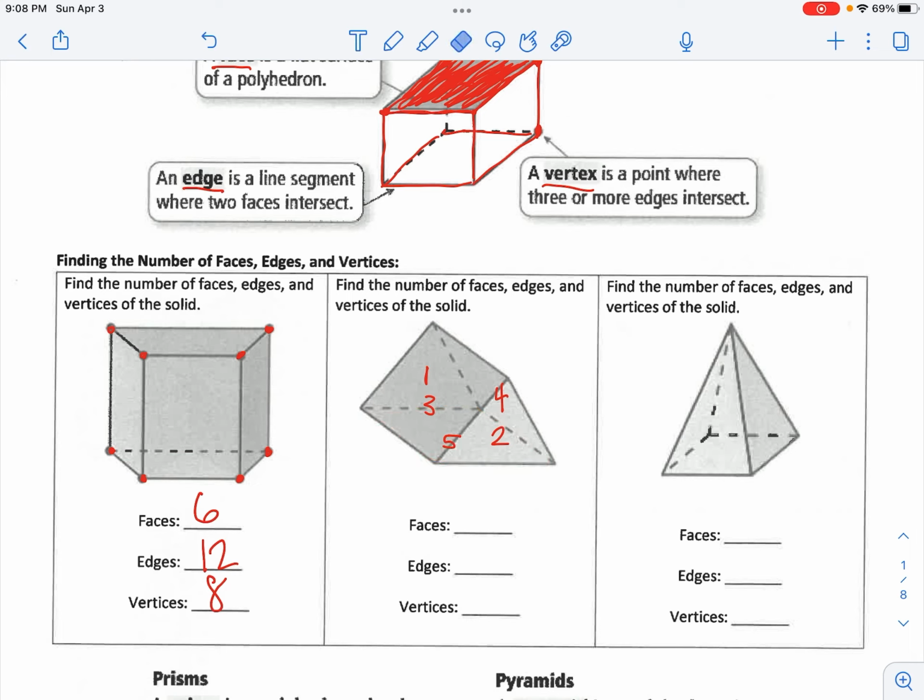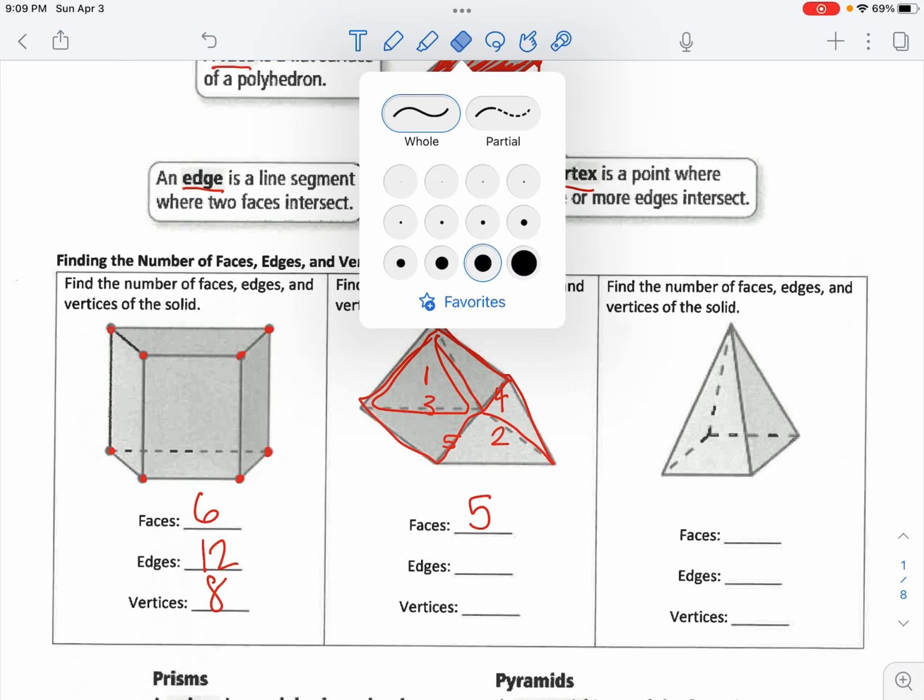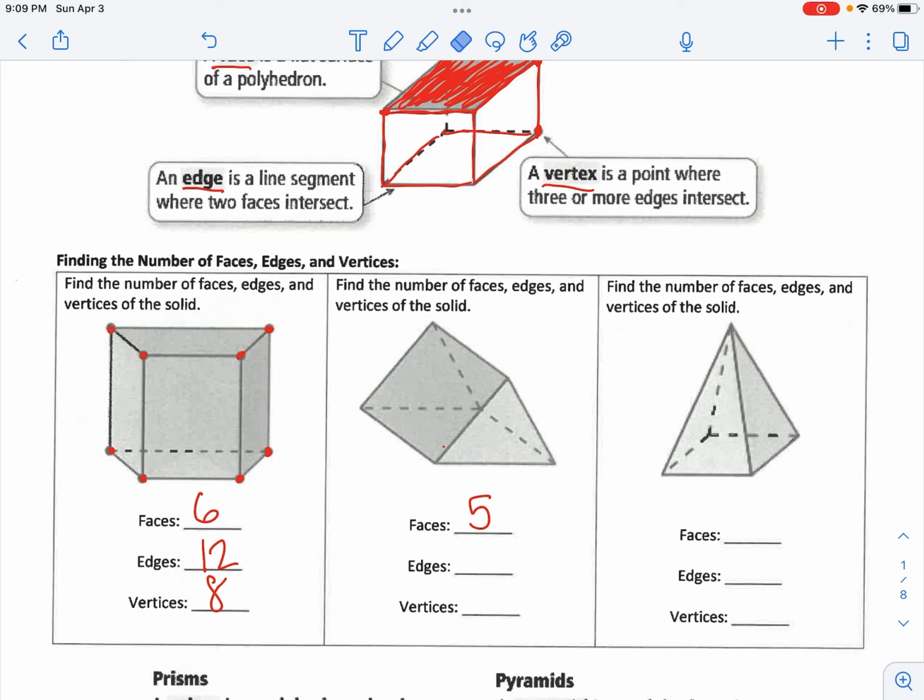I know this can be tricky, so you just have to figure out how many faces there are. So you got to see from each angle. Okay, just take your time and see if you can get it. So now edges, I'm going to count the lines. So 1, 2, 3, 4, 5, 6.